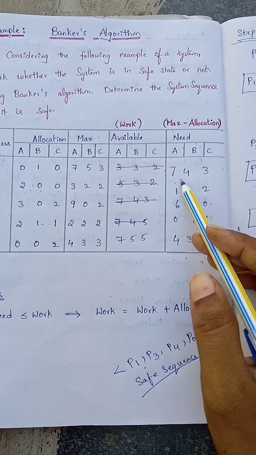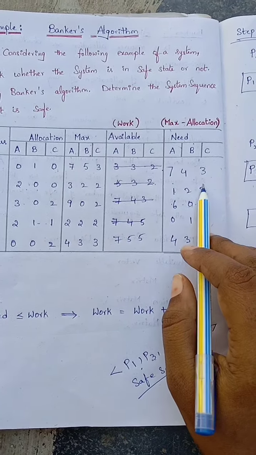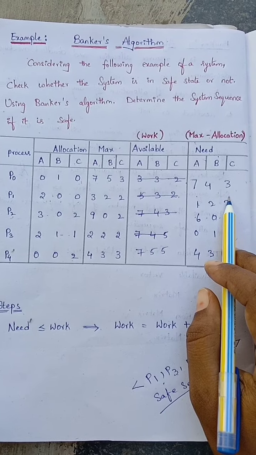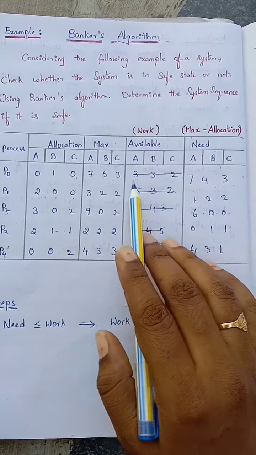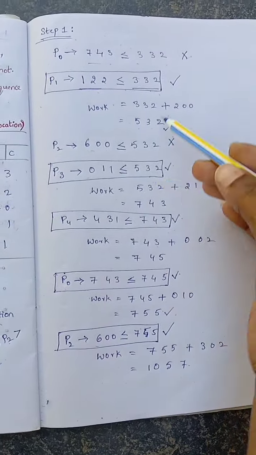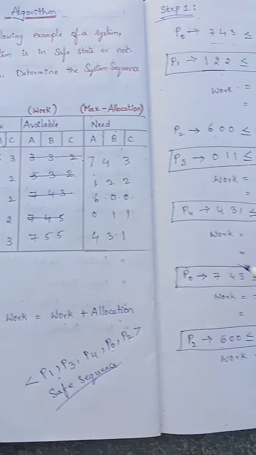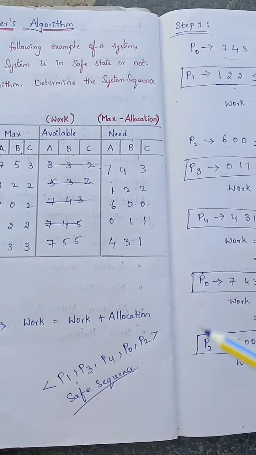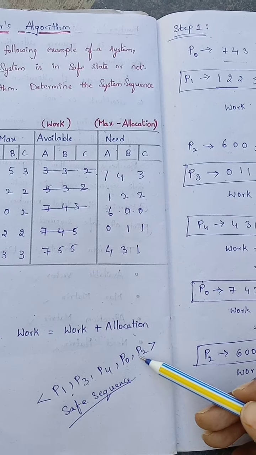So subtracting allocation from max, we'll get these values. After that we need to compare the need of each process with the work that has initially been given. So for each process we have calculated the work and updated it in the table. Later we can get the safe sequence of all those processes.